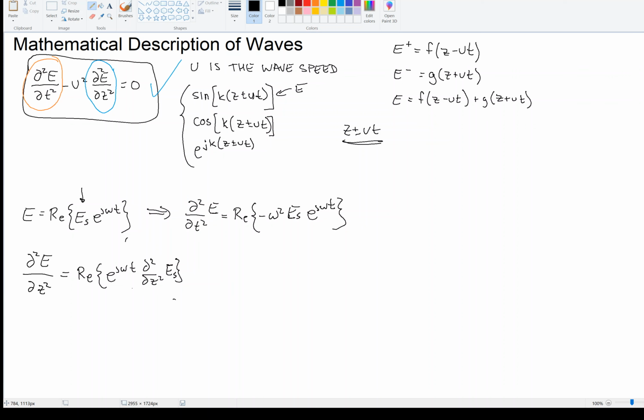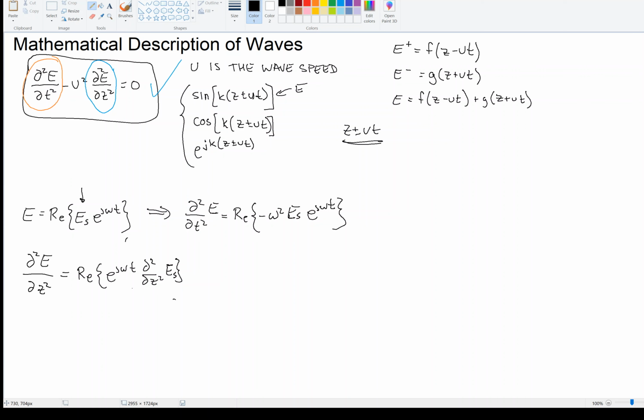Okay, so now I can plug this into the wave equation. And the real part operation cancels, so you can divide by the real part if you want to think of it like that. And then e to the j omega t is in both terms there, and so that drops out as well.